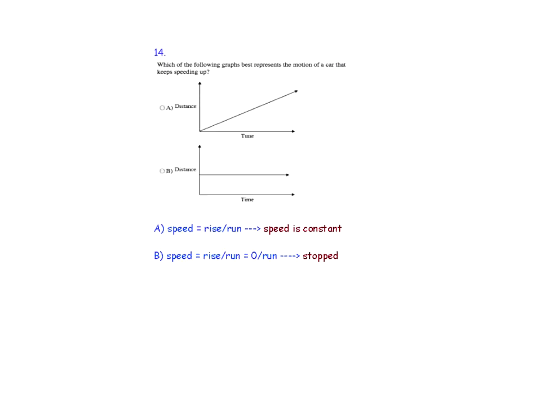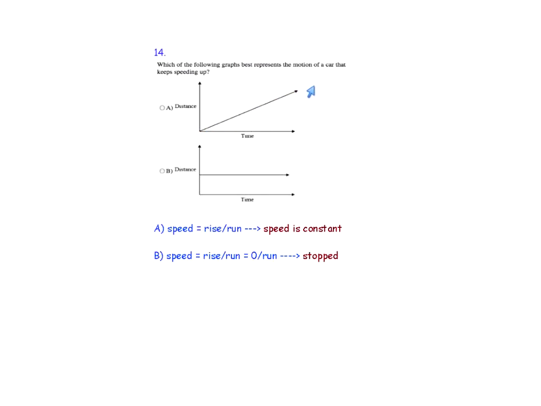Okay, next question. It says, which of the following graphs best represents the motion of a car that keeps speeding up? Let's analyze each one of these. There's A here, B here, and then we're going to look on the next page for C and D. This graph here, we have a certain rise over a certain run, and that's going to give us a constant speed, constant slope.